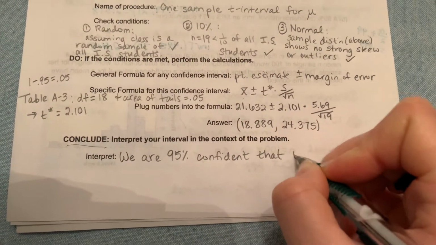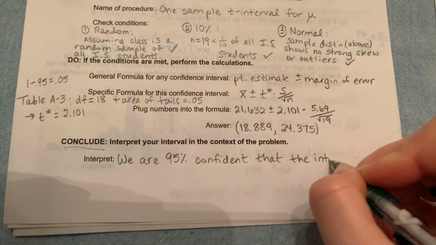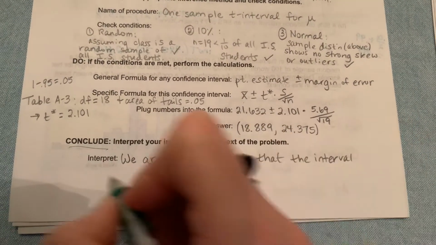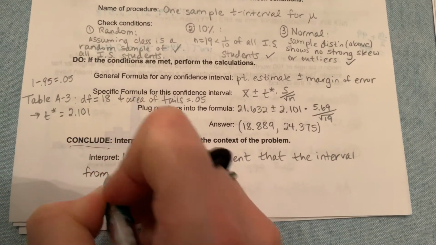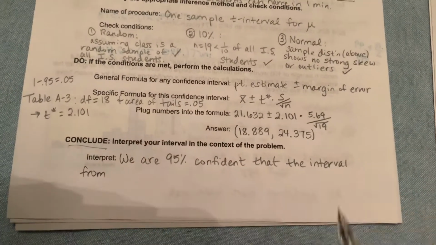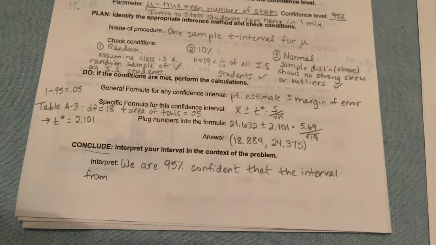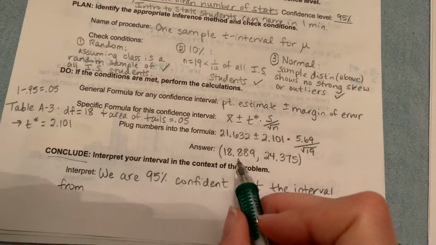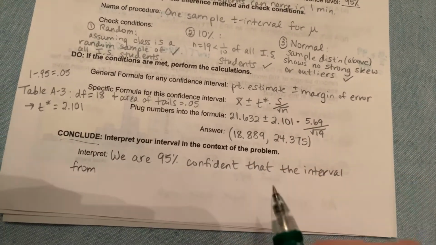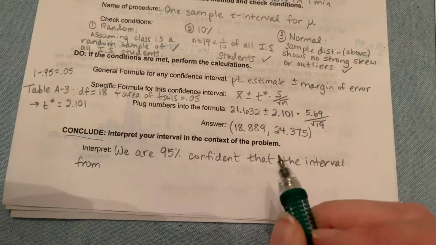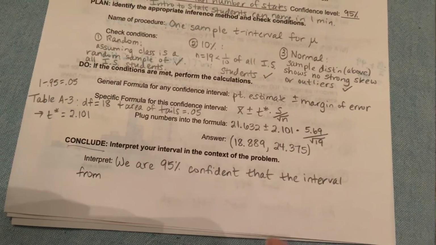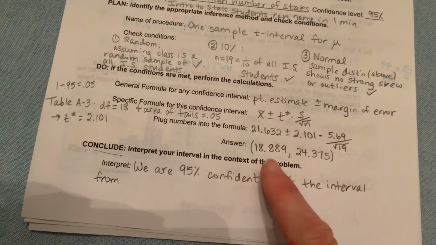that the interval from, and again, I'm going to use my units. So if I'm talking about words, I don't really care about 0.889 of them probably. I'm going to round to one more decimal place than the original data was. I'm sorry, I'm not talking about words. I'm talking about states, which are a word. So I'm going to round to one more decimal place.